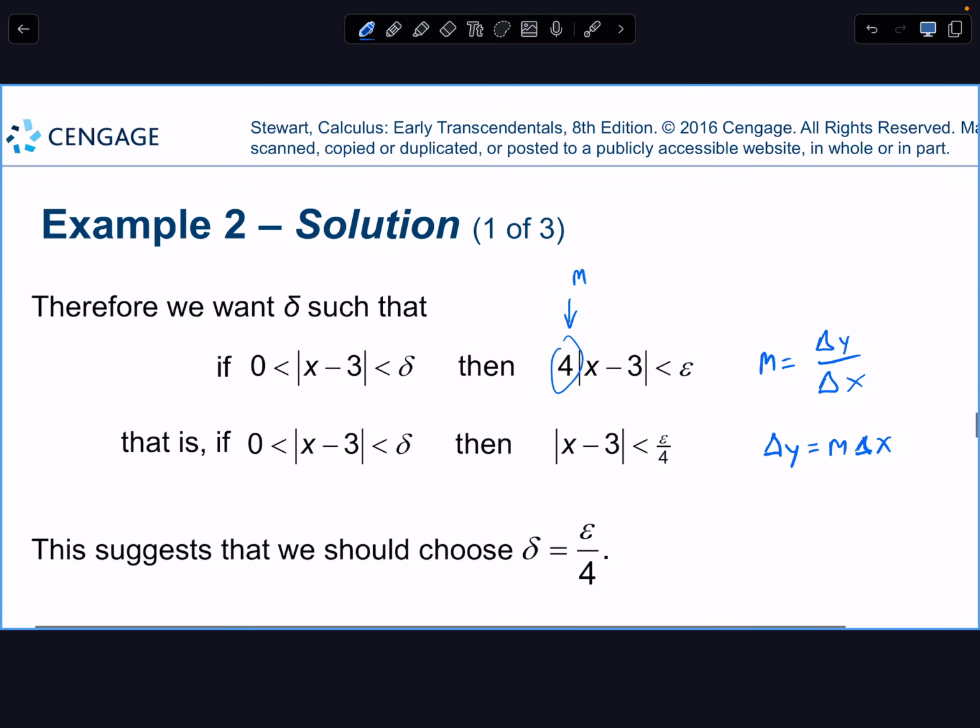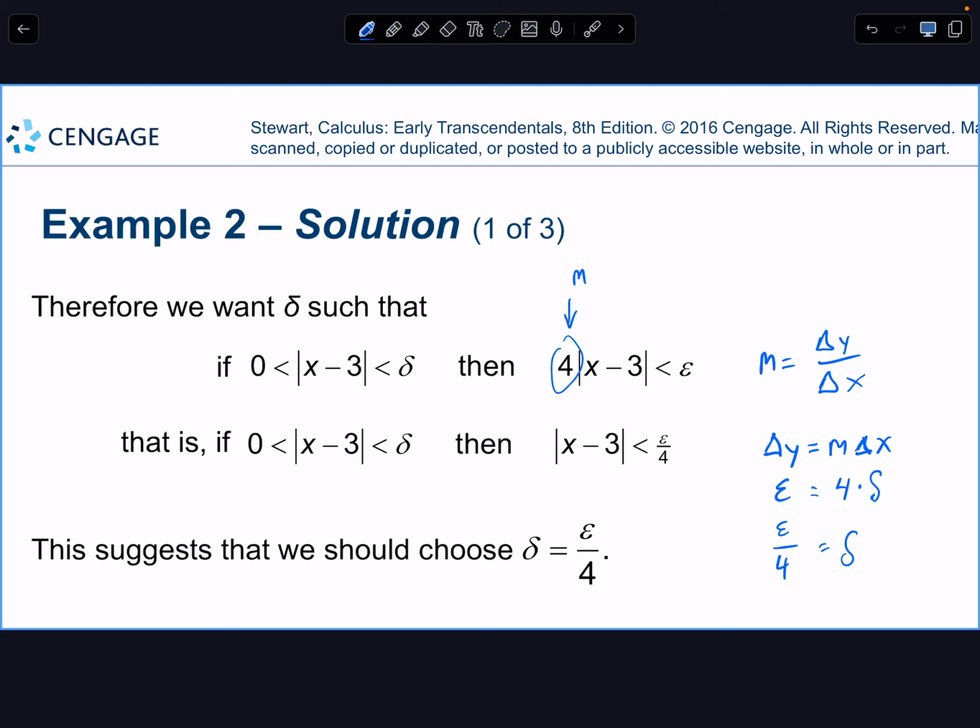So basically we're saying any change in y, which is, again, epsilon, equals m, 4, times delta. And so we want to choose delta as epsilon over 4.